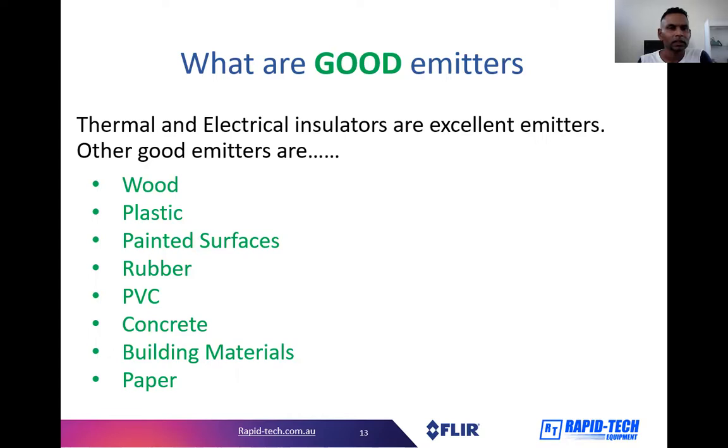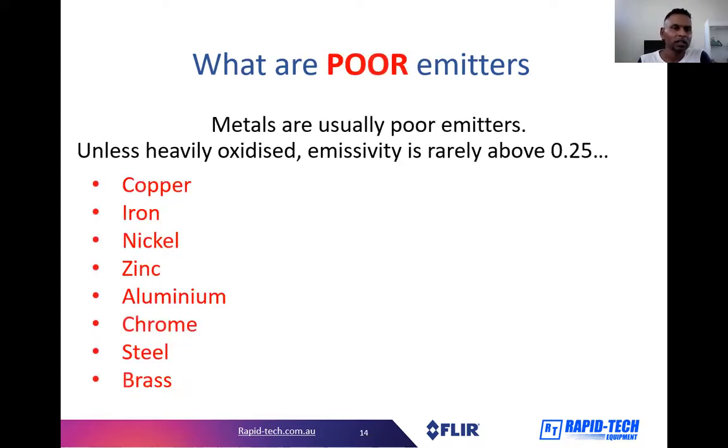So they are good emitters, or high emissivity values. And then at the other end of the spectrum, poor emitters or low emissivity, close to 0, 0.1 thereabout: copper, iron, nickel, anything metal.